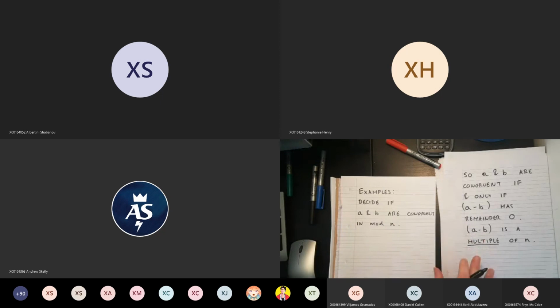Now I've already said that I can actually work out what the remainders are in both cases. I'm not going to do that this time. I'm going to have an example here.